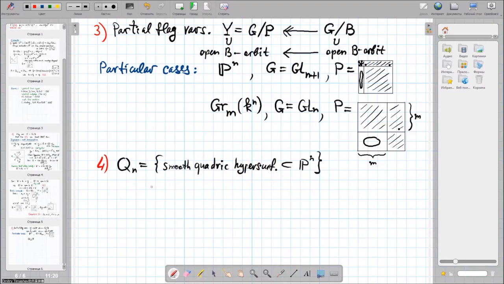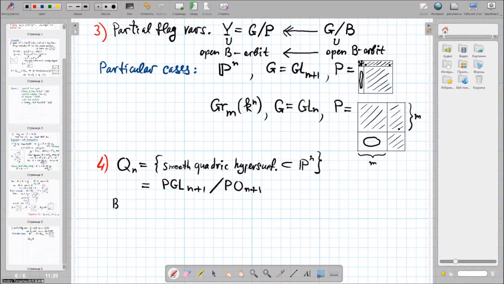It is a homogeneous space under the action of the group PGL_{n+1}, the group of automorphisms of this projective space. The stabilizer of a given smooth quadric is the projective orthogonal group, corresponding to the quadratic form in projective coordinates defining this quadric.